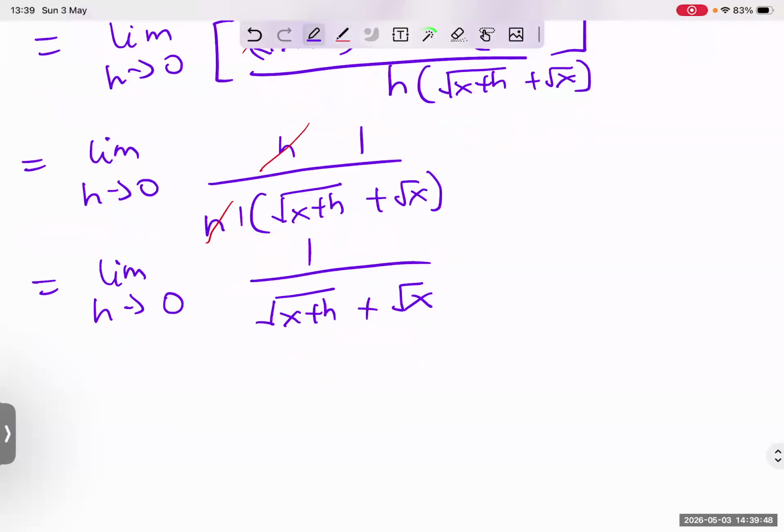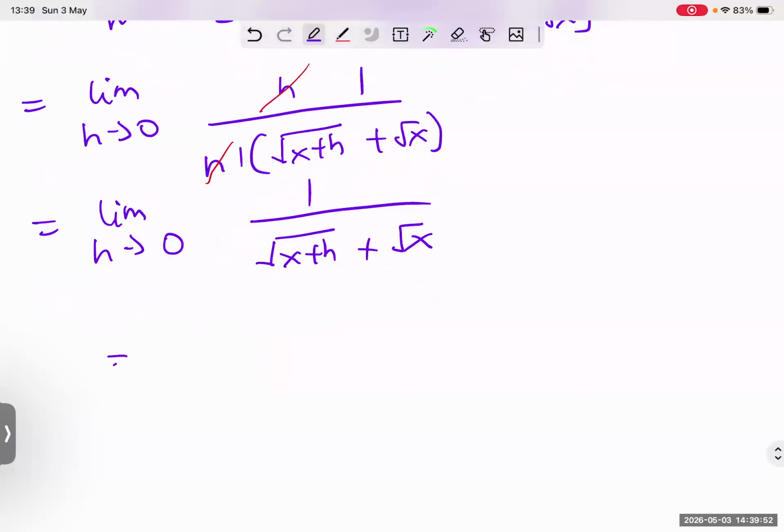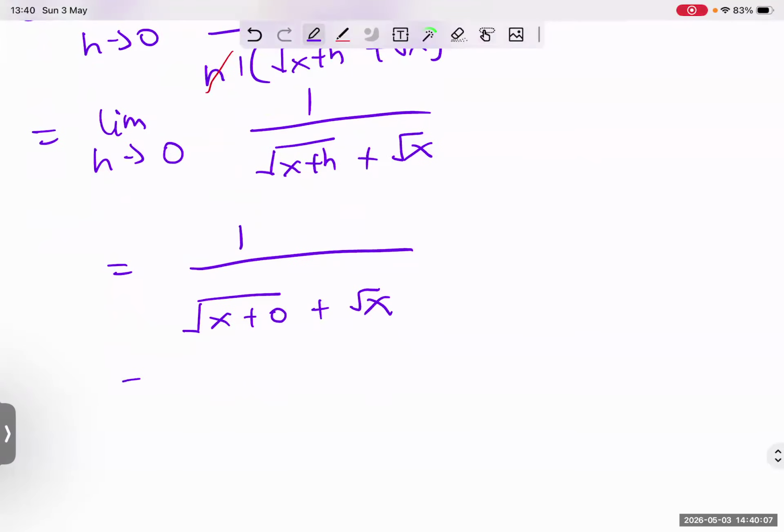Now we can apply the limit. Applying the limit on the top, I don't see an h, so I maintain my 1. Limit of a constant is the constant itself, divided by square root of x plus 0 plus square root of x. This is equal to 1 over square root of x plus square root of x.